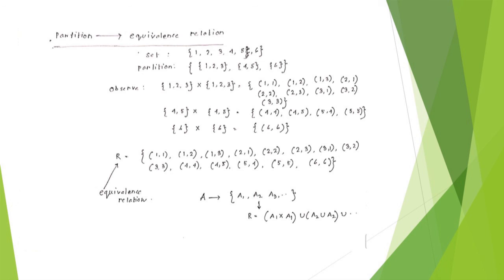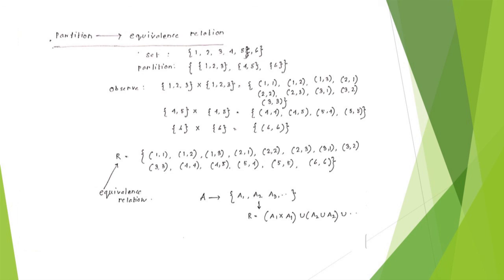We have a set, we partition the set, then we take the Cartesian product of each partition set with itself, and we take the union. This is a relation, and this relation is an equivalence relation. This can be very easily proved.